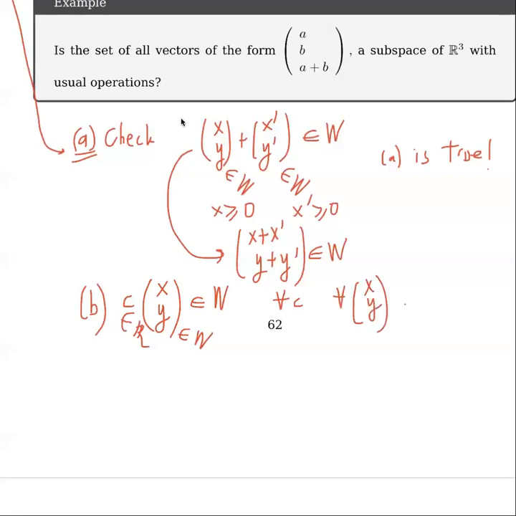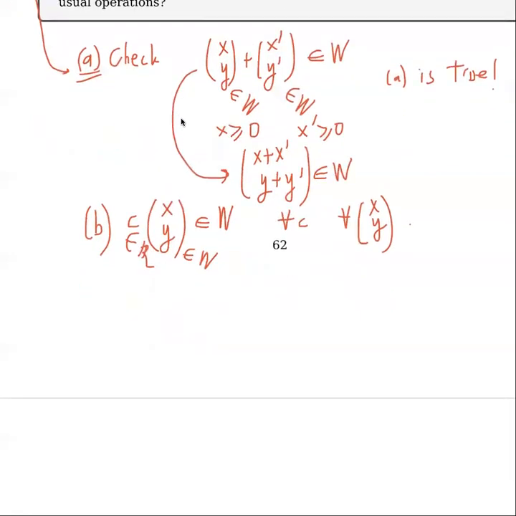This should hold for all C and all X, Y. But you see, this will not be satisfied if C is a negative number, right? Let me give an example. So (1, 2) is in W. Why? Because the first component is greater than or equal to 0. But minus 1 times (1, 2) is not in W, because now the first component is minus 1.